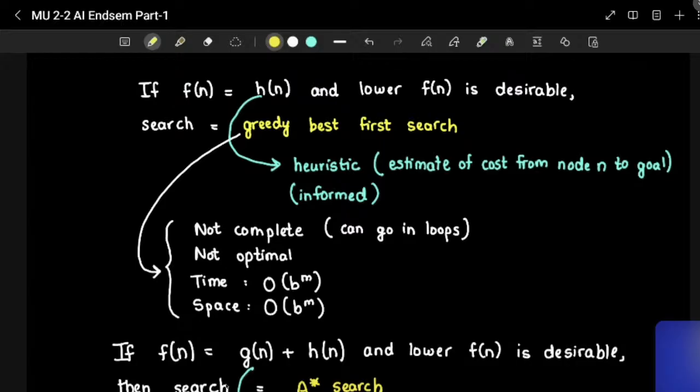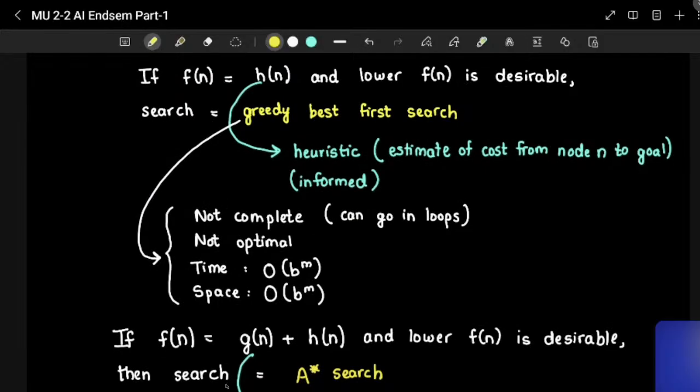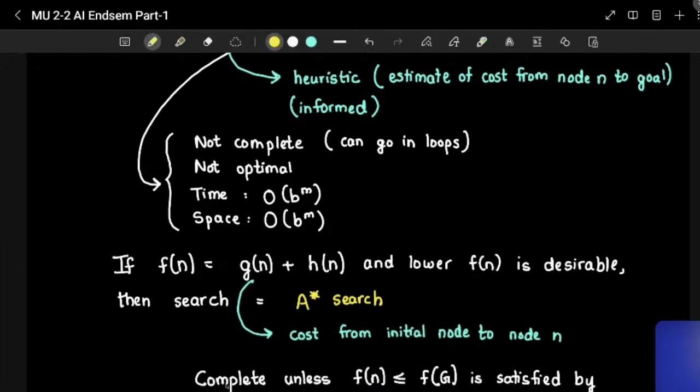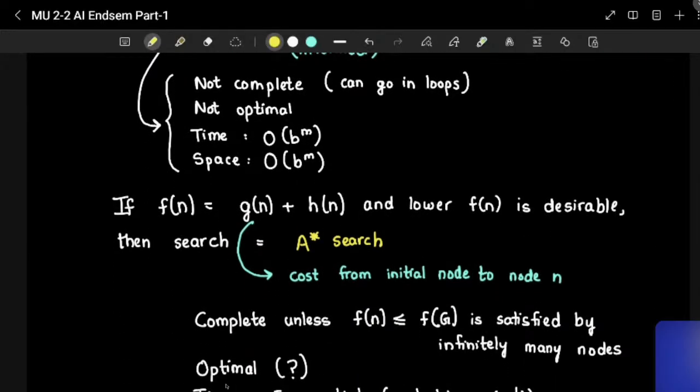Now the other kind of informed best first search algorithm is A star algorithm. In A star algorithm, instead of being greedy, you will also check the cost incurred until now. In UCS, we checked the cost from the initial node to the current node.